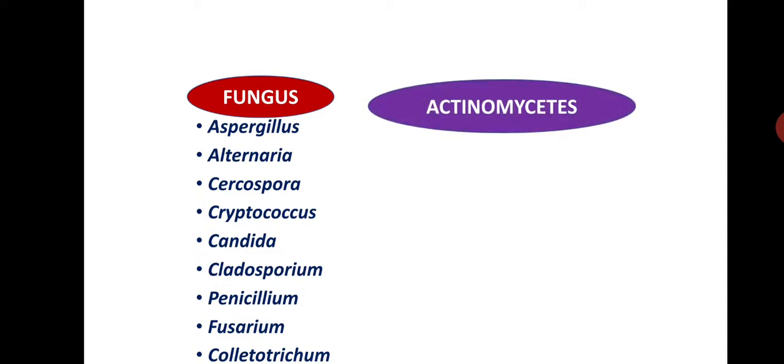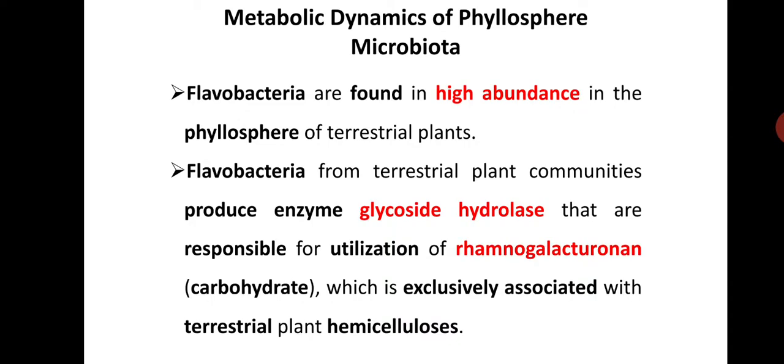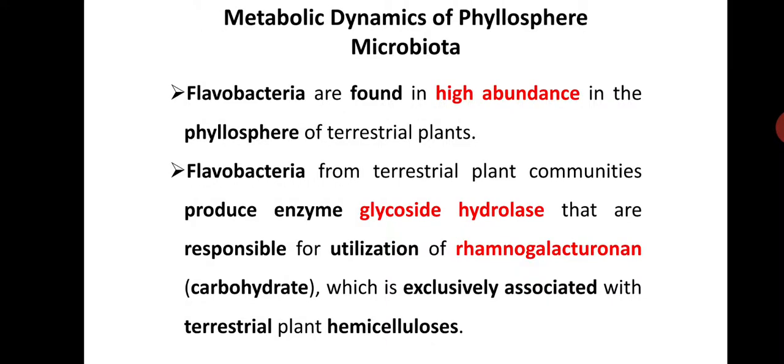Now, when I'm talking about actinomycetes, there are very special kinds, which are Streptomyces and Actinomyces. And if you are trying to understand the dynamics of microbiota in the phyllospheric region, it has been observed that flavobacteria are quite abundant.